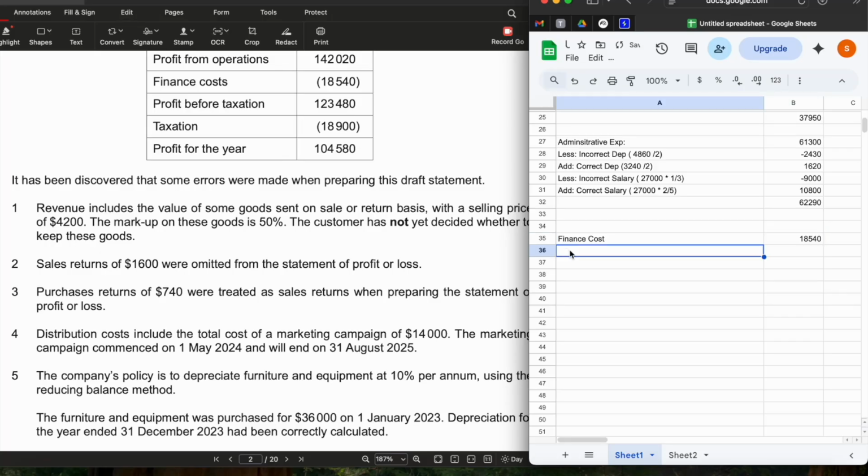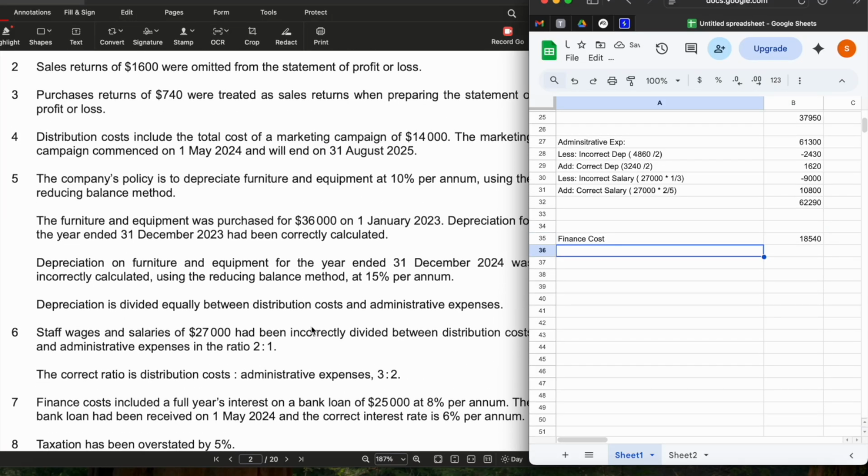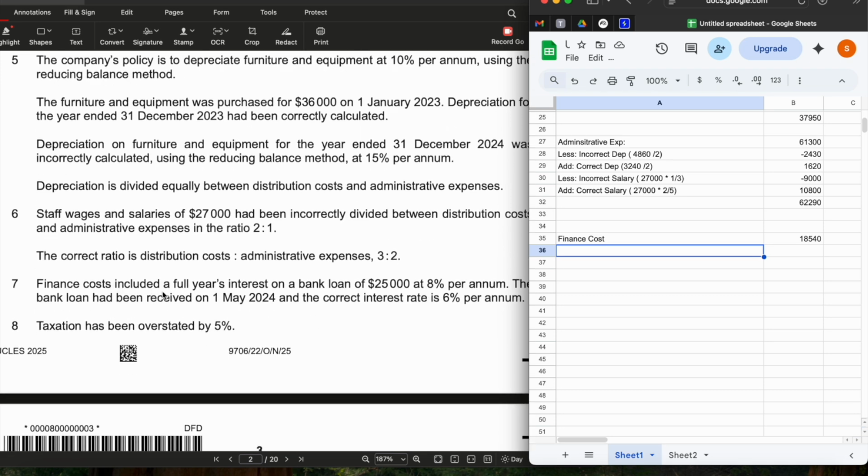Now as per this adjustment, the finance cost includes a full year interest on a loan of 25,000 at 8% per annum, and this is the incorrect interest. So the incorrect interest is 25,000 into 8%, which will give you 2,000 here.